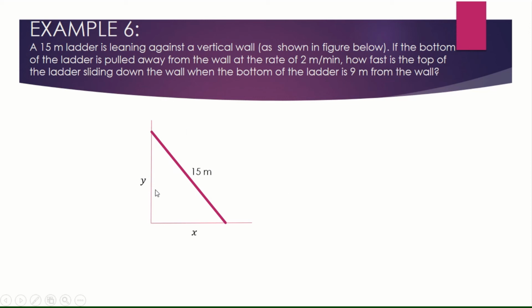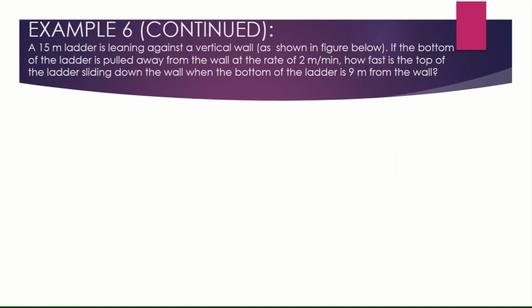If you look at this, we can write an equation based on the ladder and the wall. We assume the wall as y and the floor as x. So we can write the equation x squared plus y squared is equal to 15 squared by using the Pythagorean theorem. Now we want to solve.